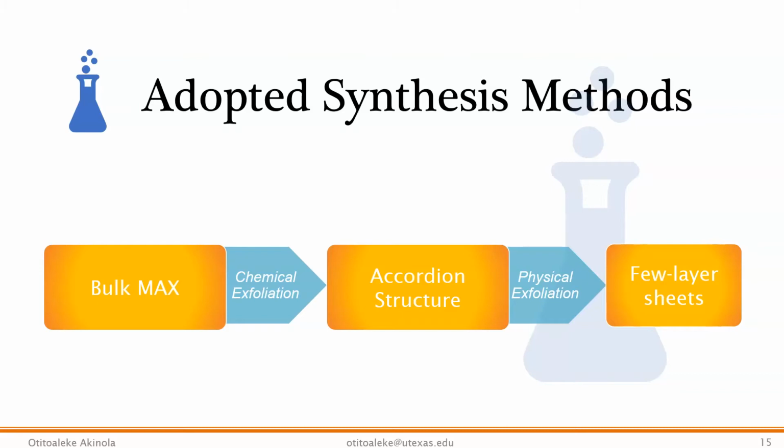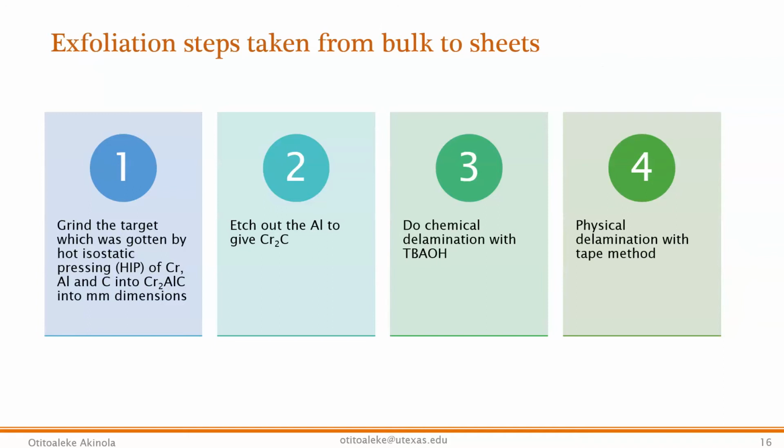The reason the accordion structure is important here is because from experimental work that's been done on other MXenes in the past, the accordion structure is characteristic of a successful MXene derivation. And so to do this for chromium carbide, I got a hot isostatic pressed chromium aluminum carbide.